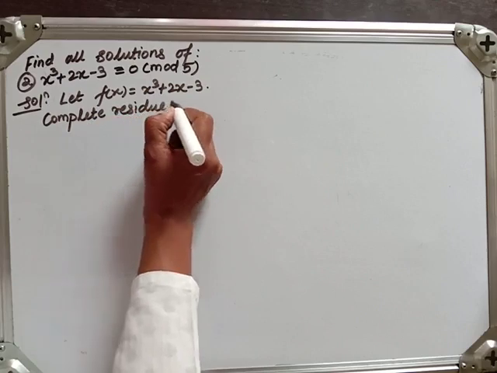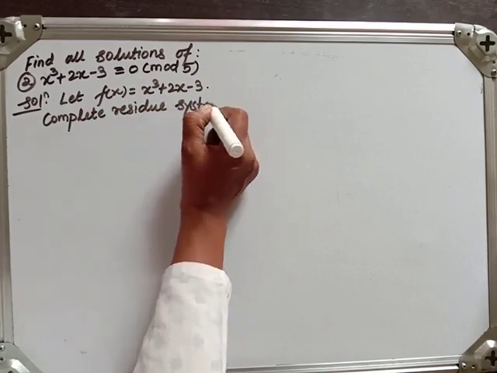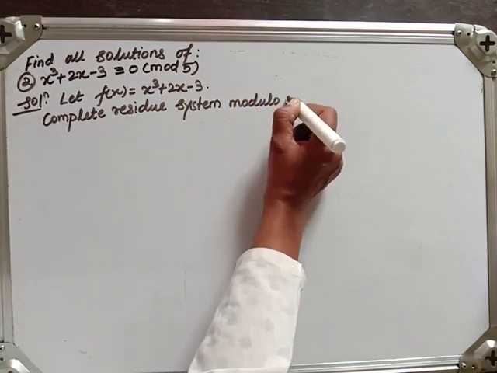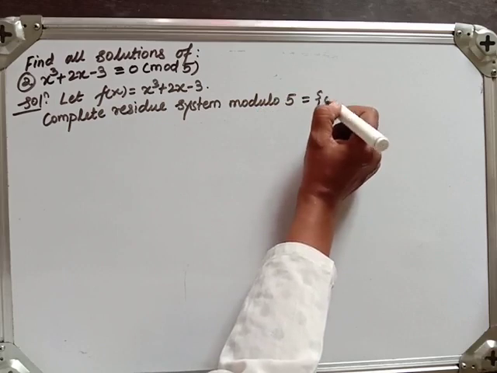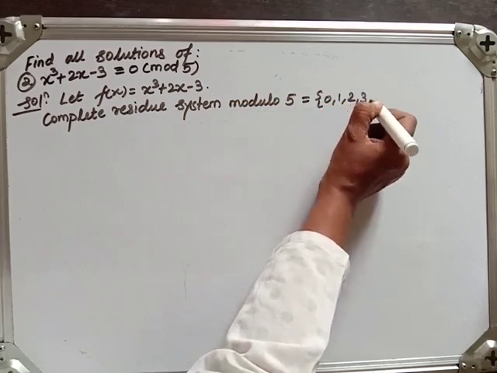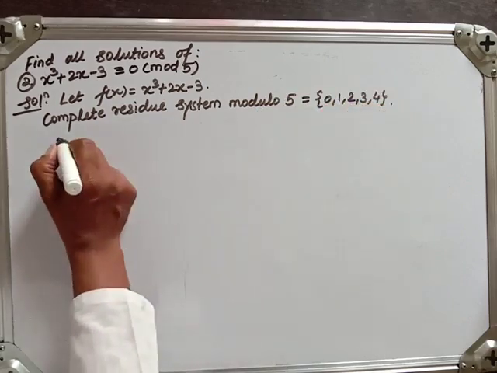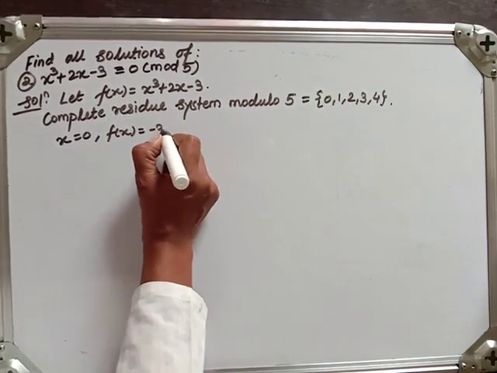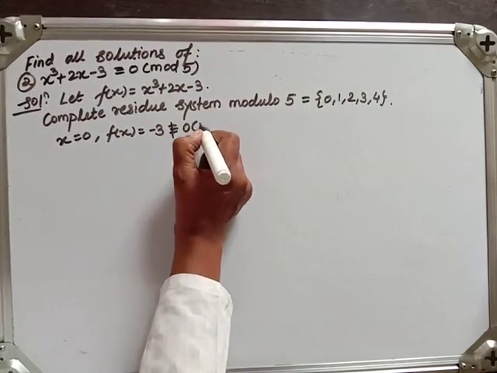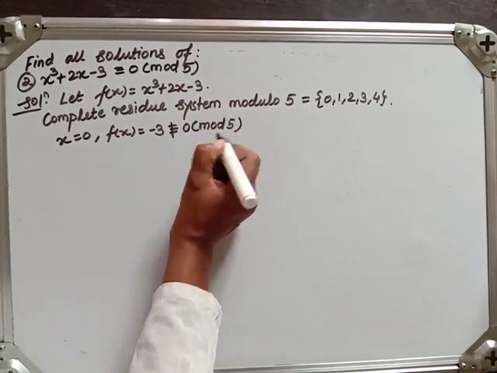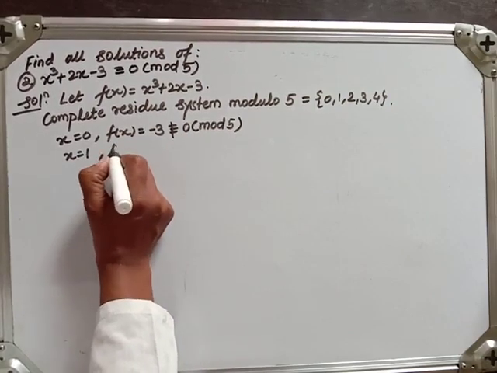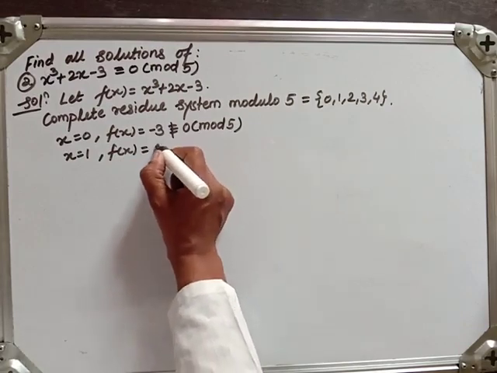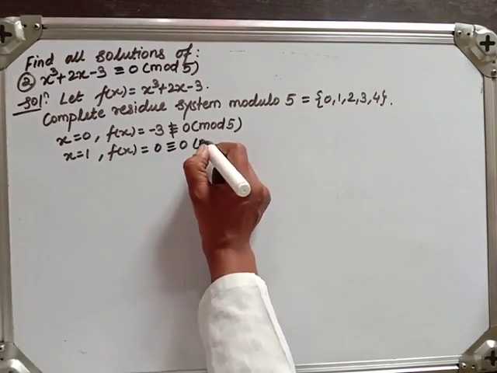Complete residue system modulo 5 is what? 0, 1, 2, 3 and what? 4. Okay, x is equal to 0, then f of x is equal to minus 3. It isn't congruent to 0 modulo 5. X is equal to 1, then f of x will be 0. It is congruent to 0 modulo 5.